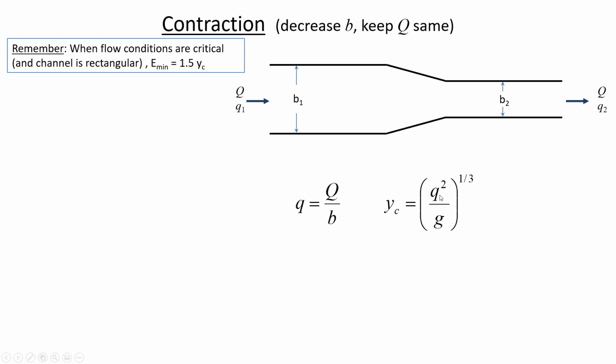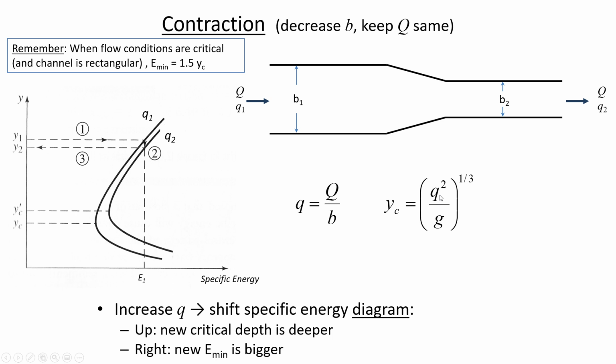So if we were to draw a specific energy diagram of the upstream wide section, the one on the left is the specific energy diagram for that. But if the water goes through this tapering channel that's getting narrower and there's a contraction, the flow per unit width is higher, so the critical depth is bigger.